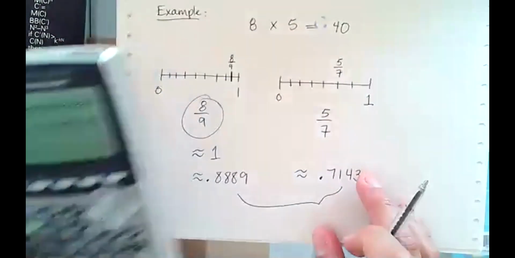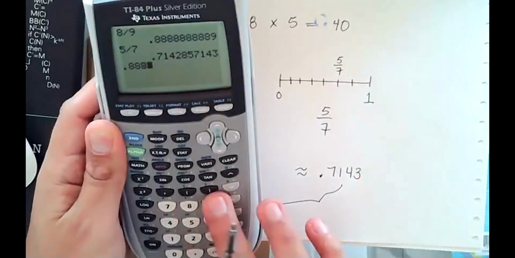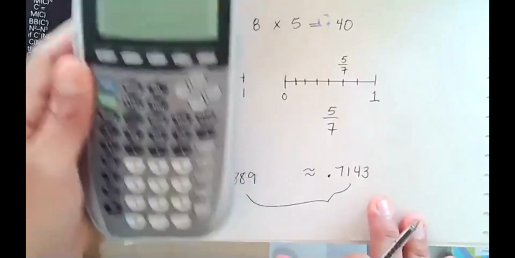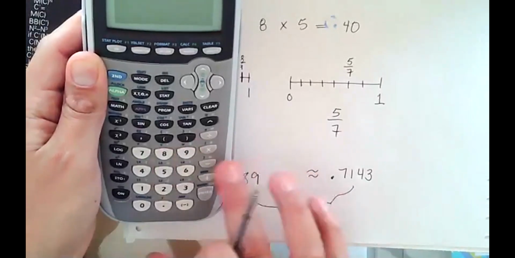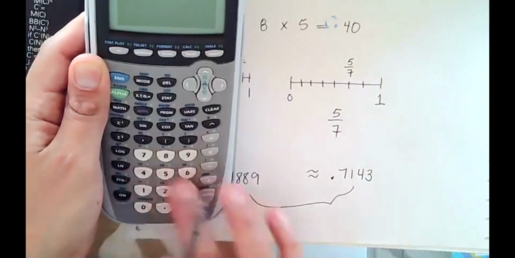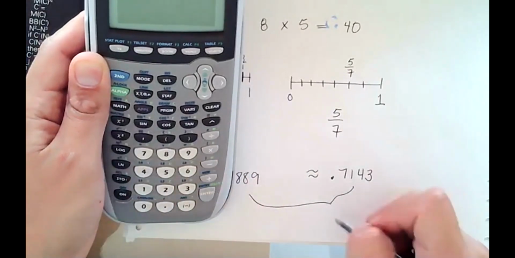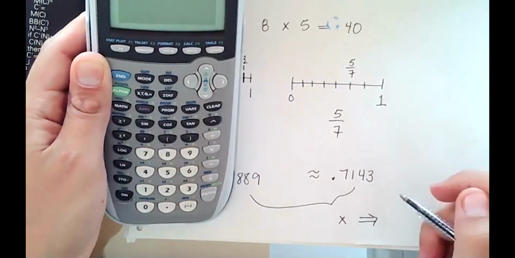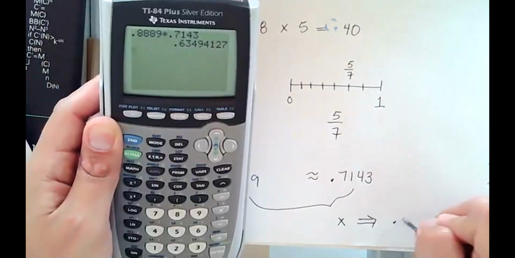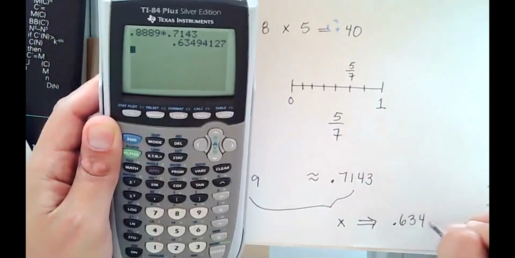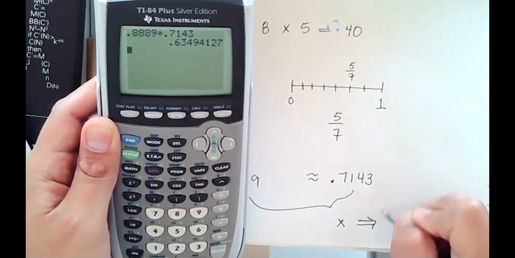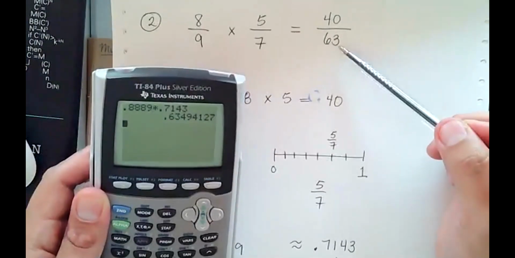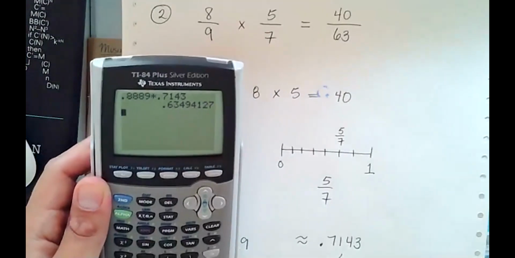So let me go ahead and do that. 0.8889 times, let me go ahead and erase this actually, so it's a little bit clearer. 0.8889 times 0.7143, and when we multiply those, we get about 0.6349. So somehow 40 over 63 has to be close to this decimal representation.